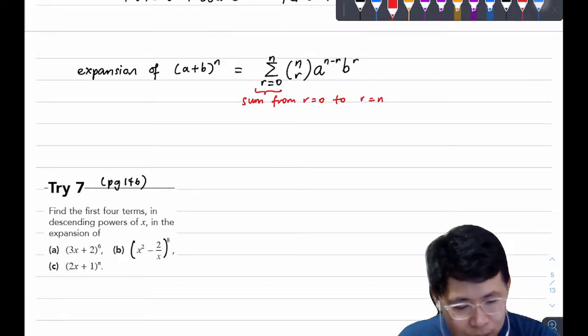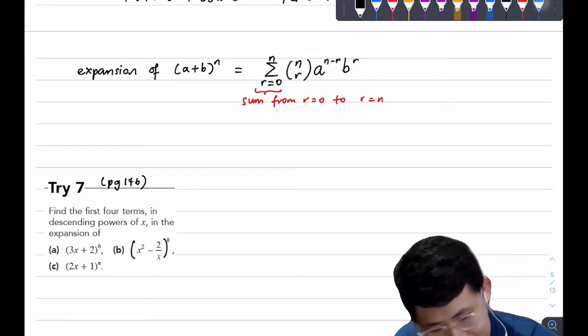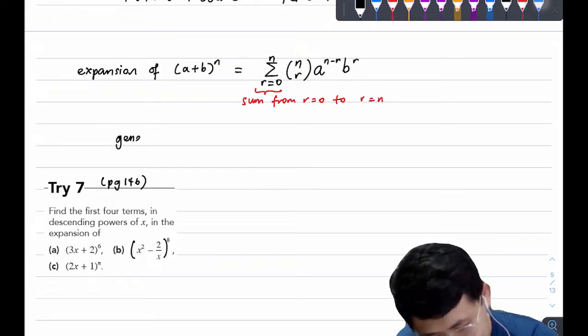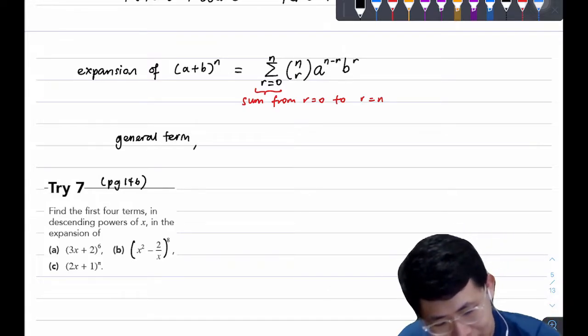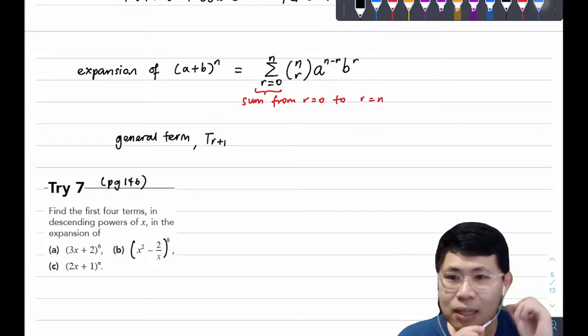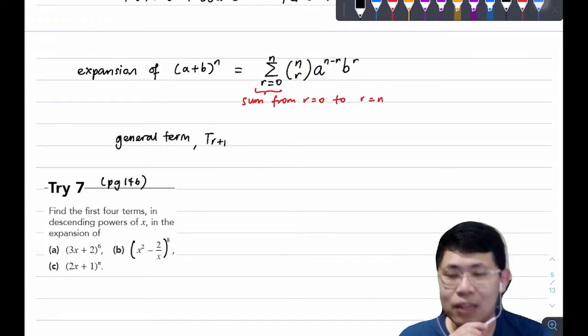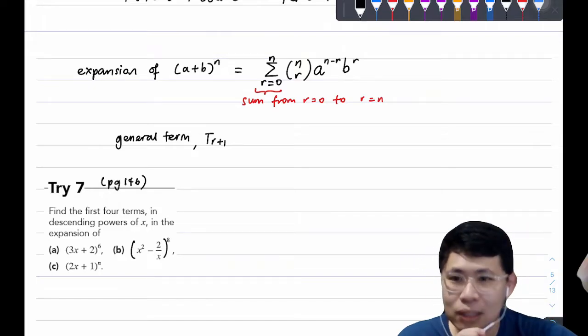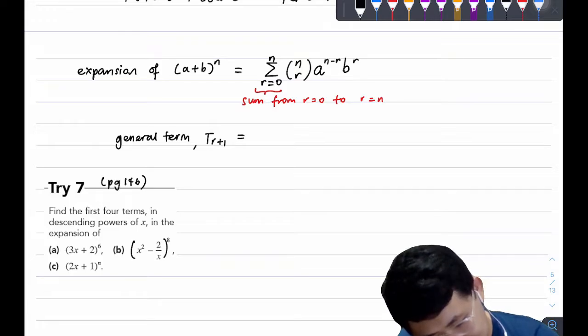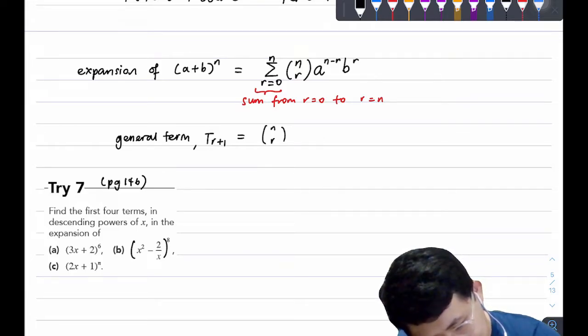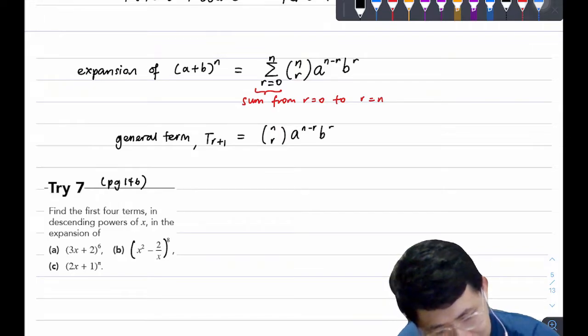Let us add one more thing. If we are looking for a specific term, we can use the formula for the general term, term r plus 1. We start from term 0, term 1, term 2, term 3, so that's why it's r plus 1. This is equal to n choose r times a to the power of n minus r and b to the power of r.